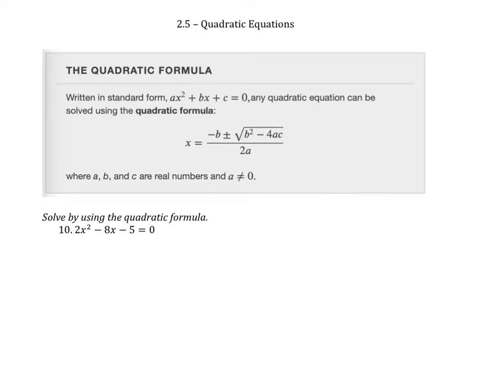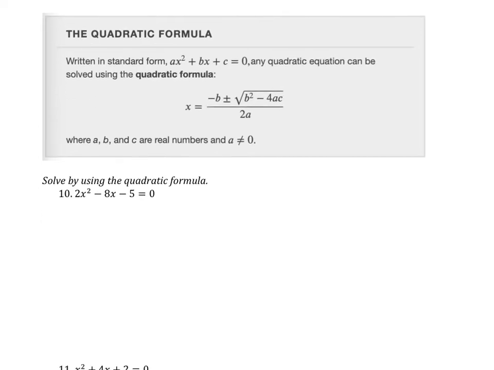So here is the formula. You need to have this memorized. You need to make sure you memorize this formula. This is to solve for x in a quadratic equation.